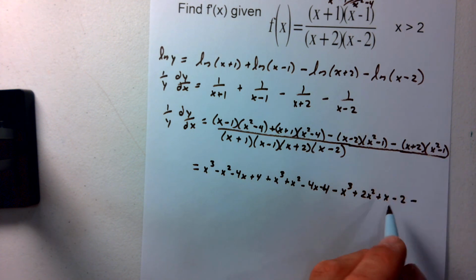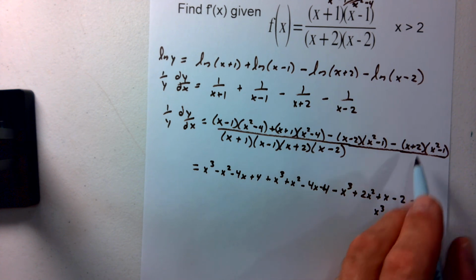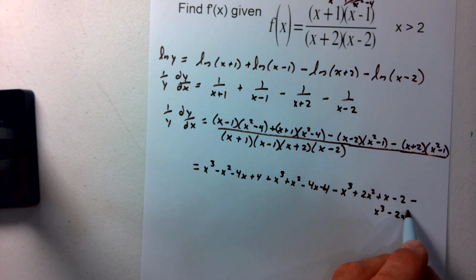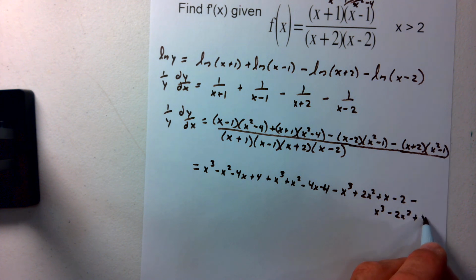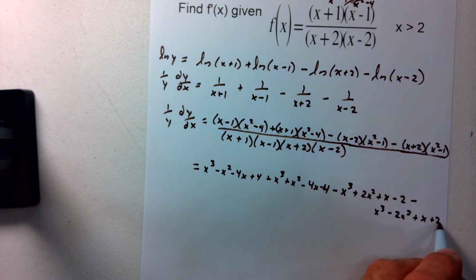And we're going to have this one over here, so minus an x to the third. We're running out of room. We have a plus 2x, so minus 2x squared. We have a negative 1x, but with a negative of that, so plus 1x. And then negative 2, the opposite of that, we're going to have a positive 2.